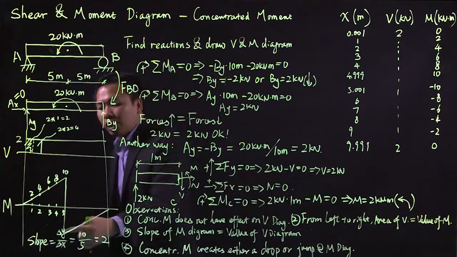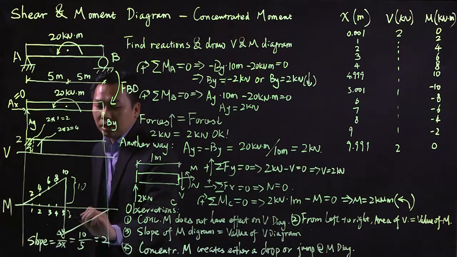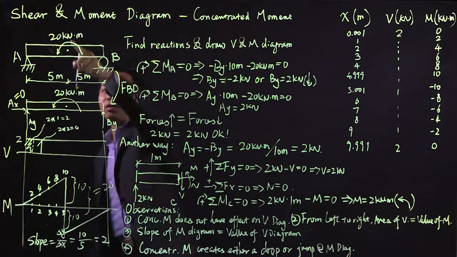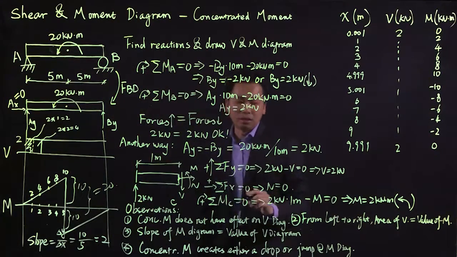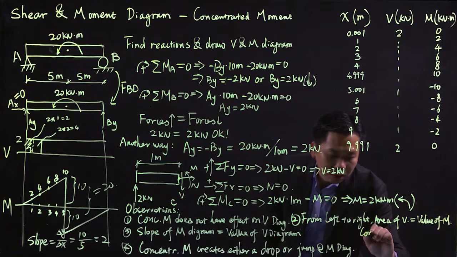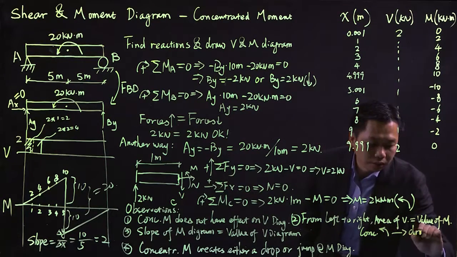The moment drop is equal to, this is 10, this is 10. If you add those up, it's equal to 20. That's equal to the value of your concentrated moment. If your concentrated moment is counterclockwise, that is going to be a drop.